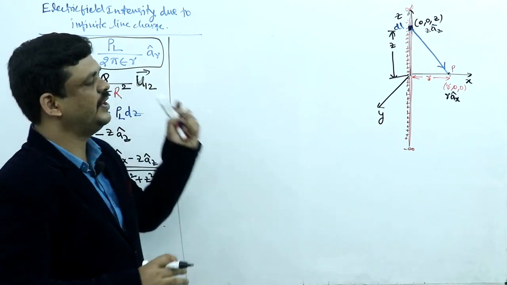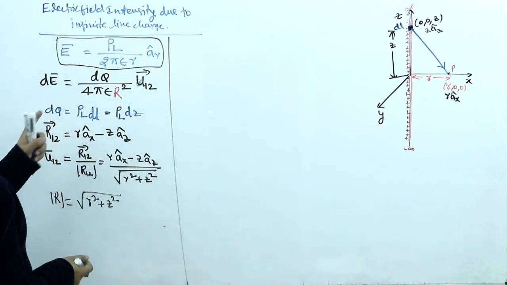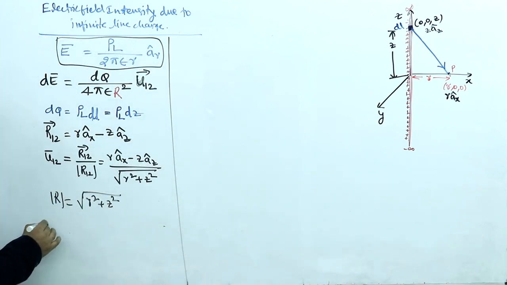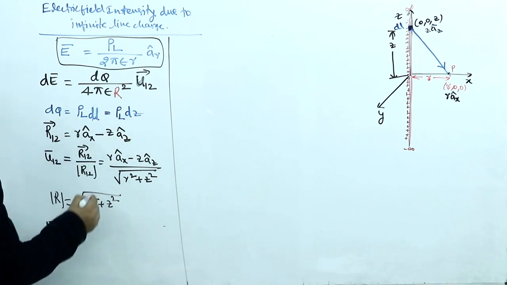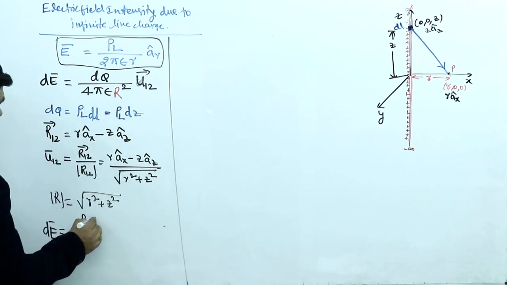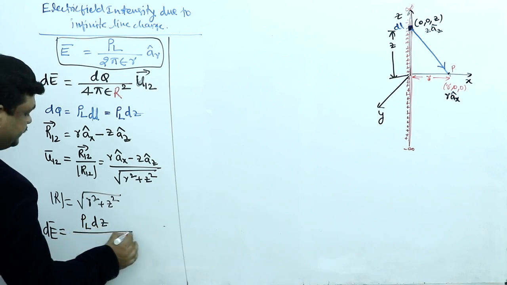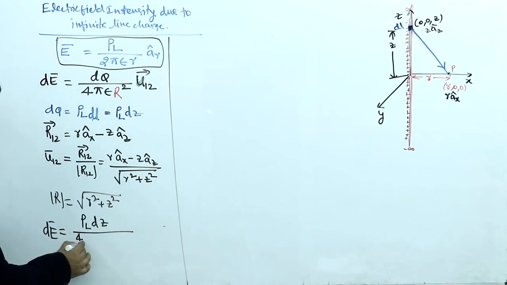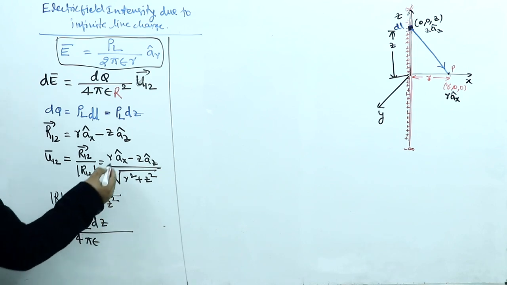Substitute all these equations in the standard equation. So dE is equal to dq. What is dq here? Rho l into dz by 4 pi epsilon r square.